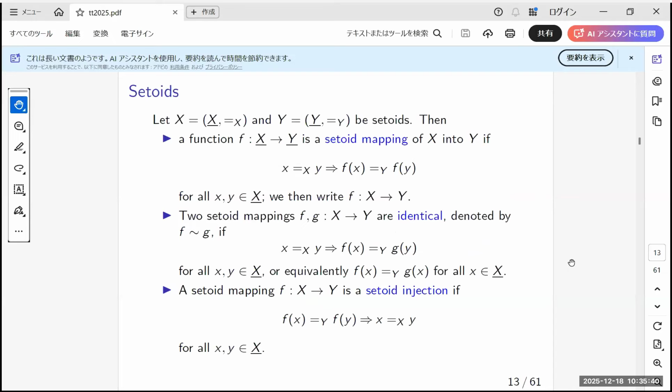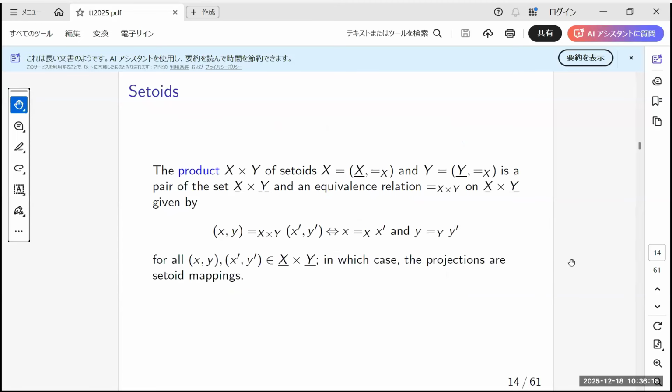And for two setoids, a function is a setoid mapping if it satisfies extensionality for the equivalence relations. And the two setoid mappings are identical, is given in this way. And also we can define an injection just by replacing equality by the corresponding equivalence relation. And also we can define the product of setoids in this way.